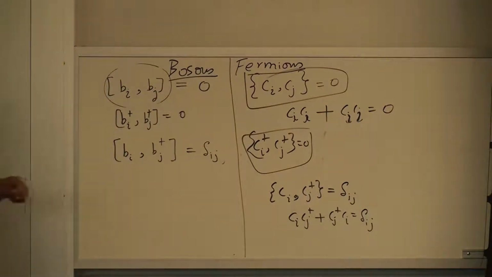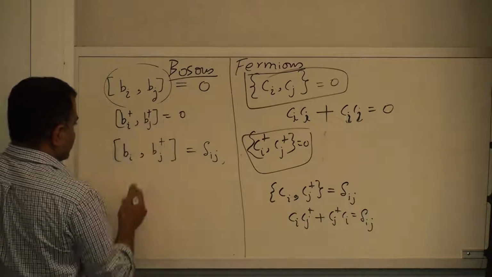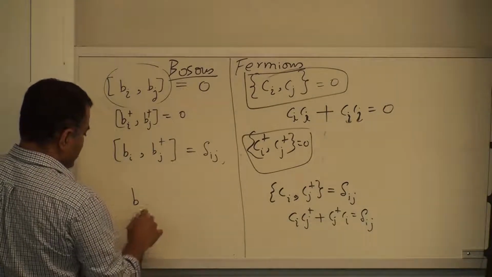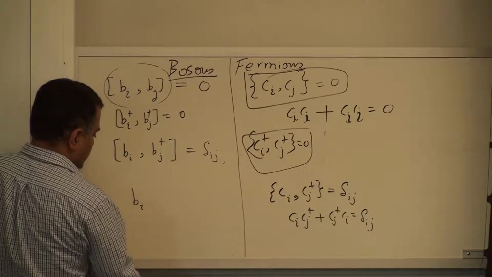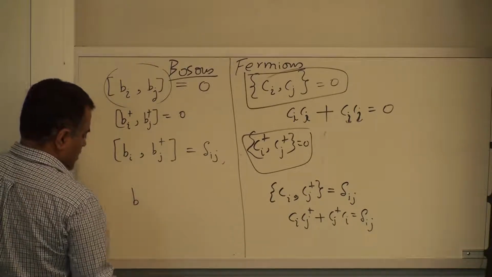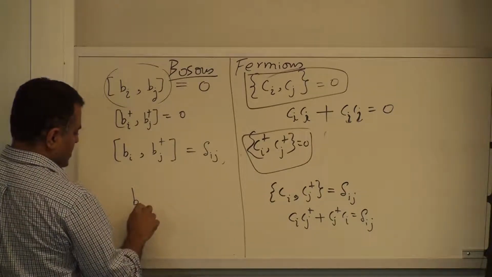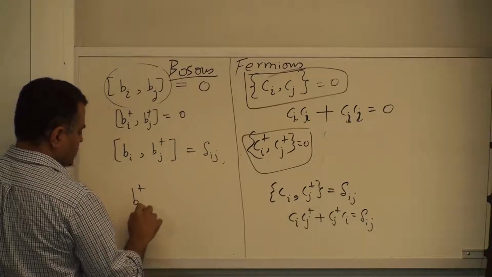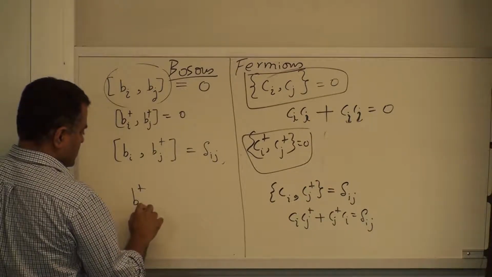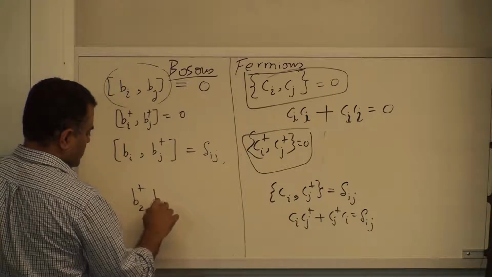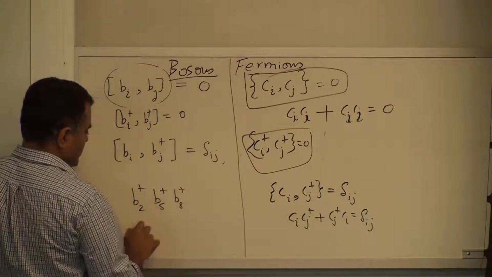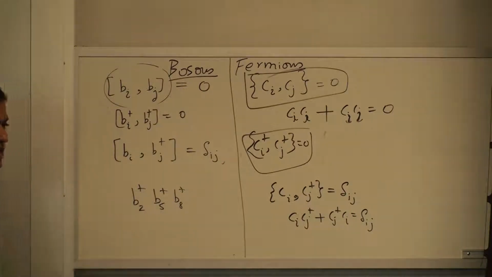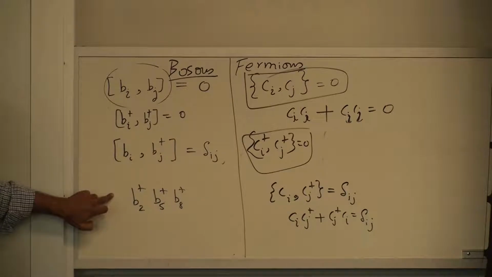So one rather useful thing is if I have just a collection of boson annihilation operators or creation operators, but it's all annihilation or all creation, say B2, B5, B8, whatever, you can reorder them in any way you want, and the sign will not change.